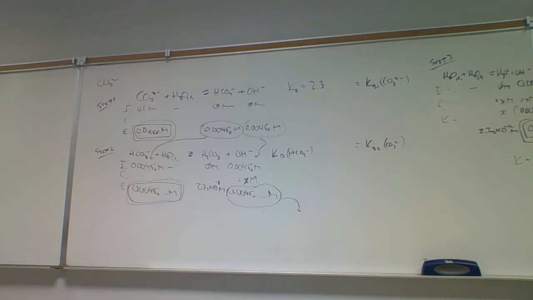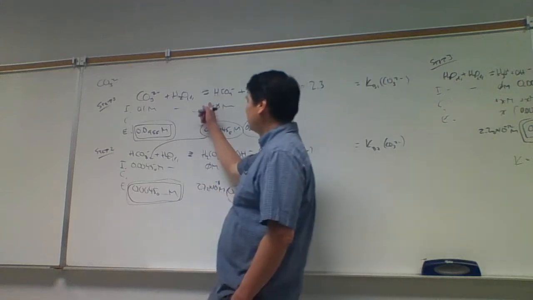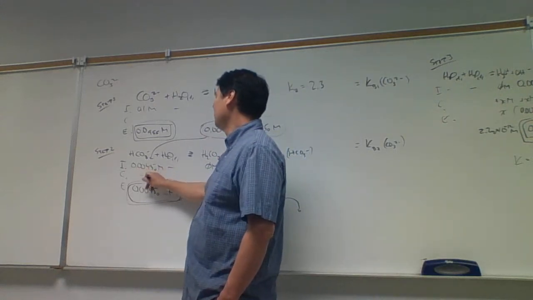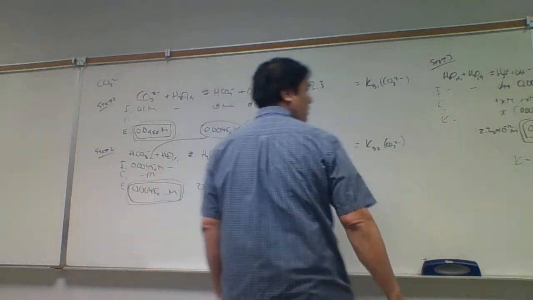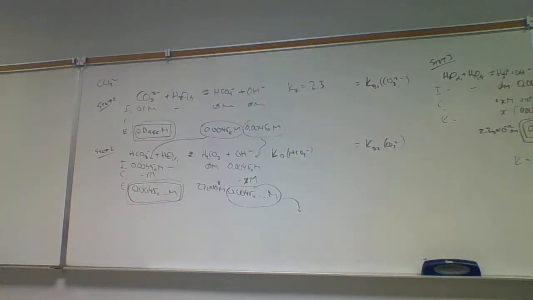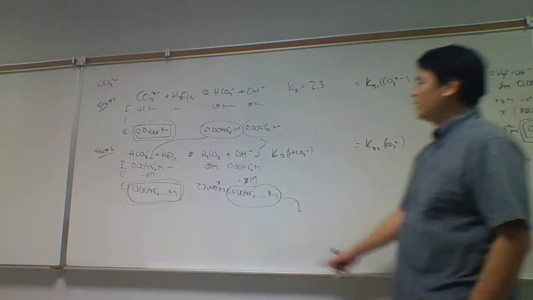So normally I carry extra digits. You can round these at the end. And then we have bicarbonate. Bicarbonate is 0.00450. Actually, it's just slightly less than 0.00450, because we're going to lose a little bit in this step, minus X. So it's just slightly less than that. Okay, so that's the bicarbonate.